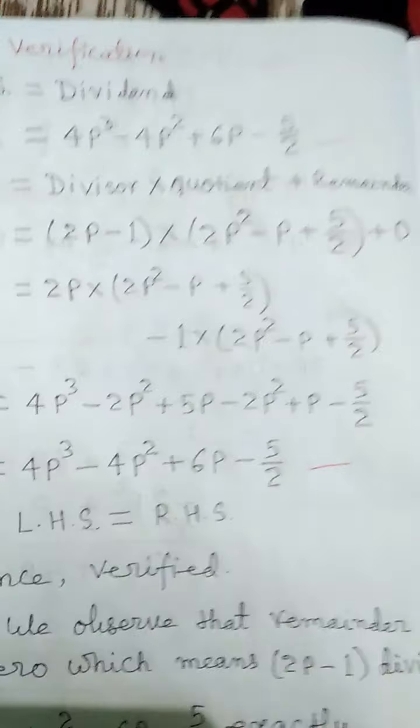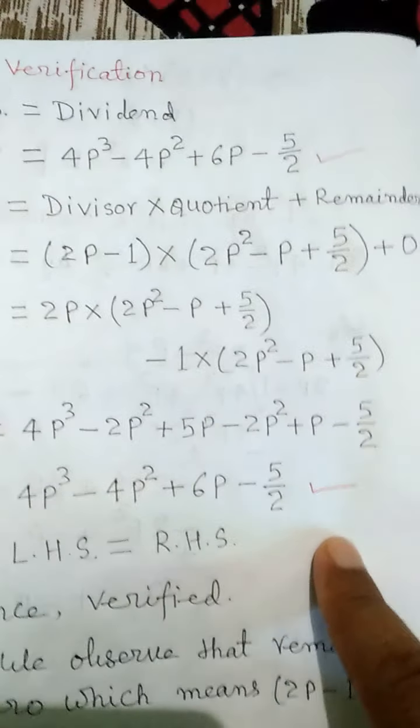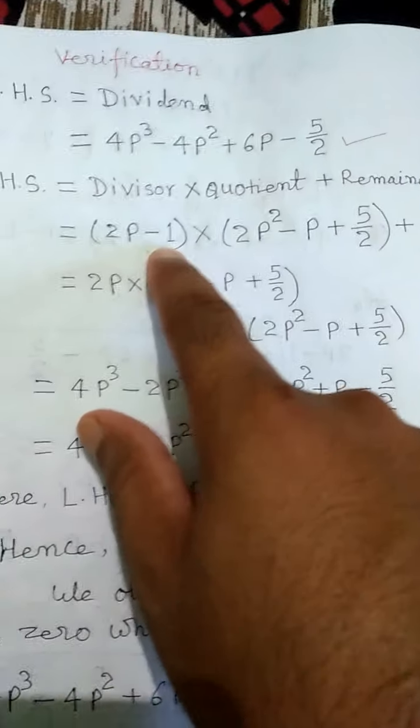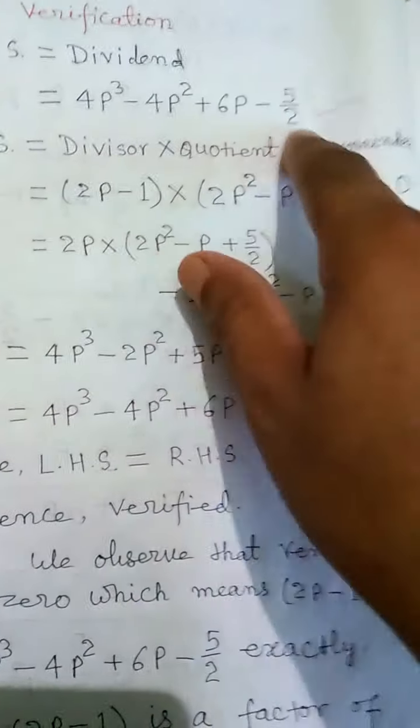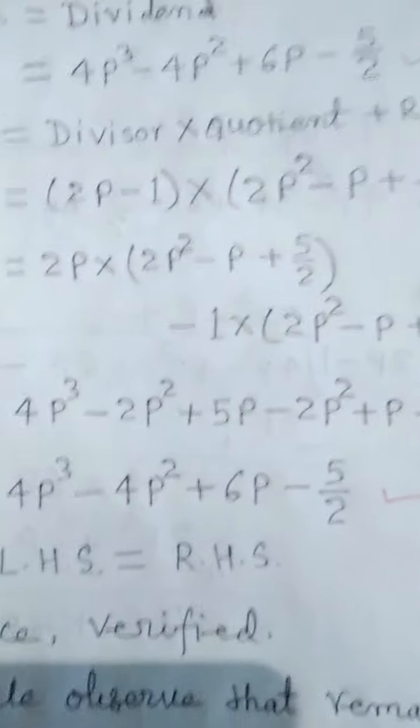When the remainder is 0, then the divisor is a factor of that polynomial. Here the remainder is 0, so this divisor will be a factor of this dividend.